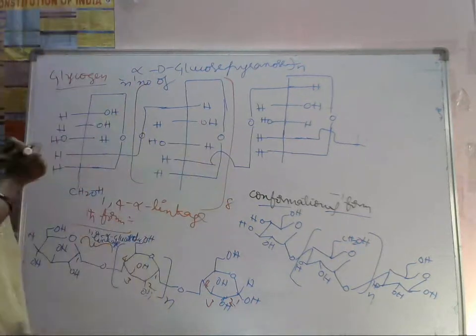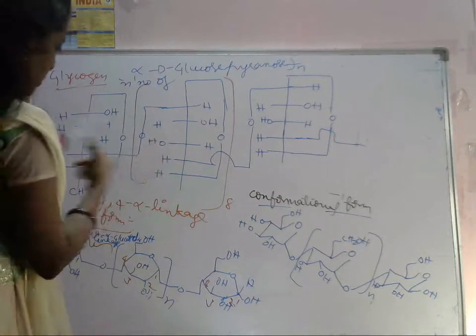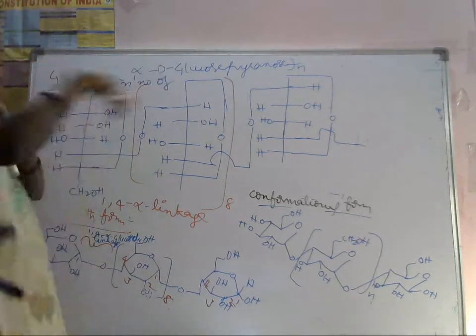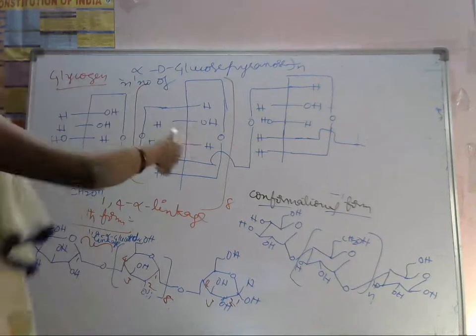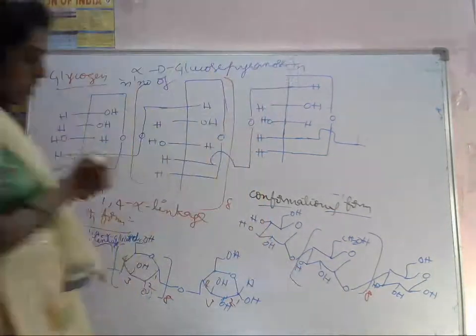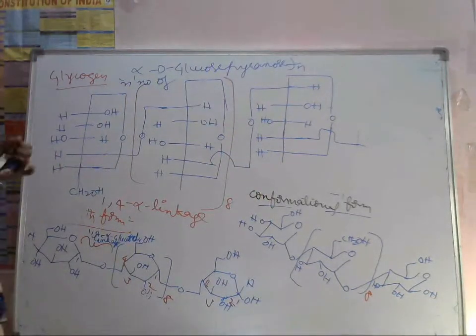If it is having like this 8 units, then it is called glycogen. If it is having n number, meaning more than 8, then it is called starch. That is the only difference.